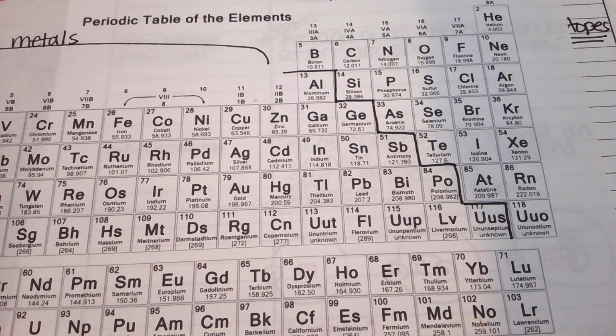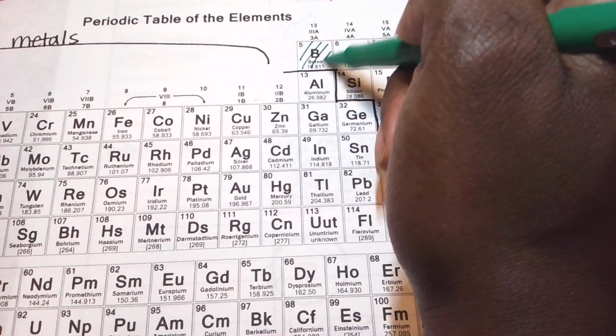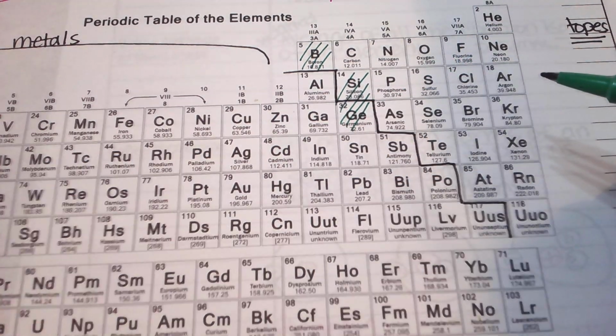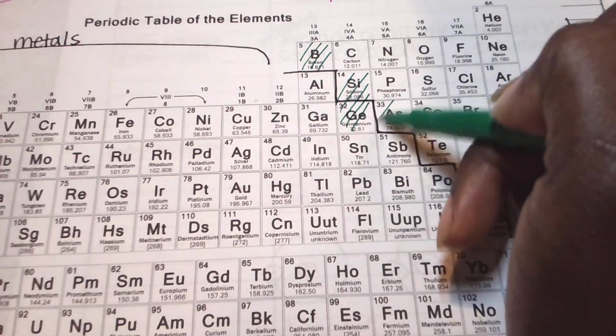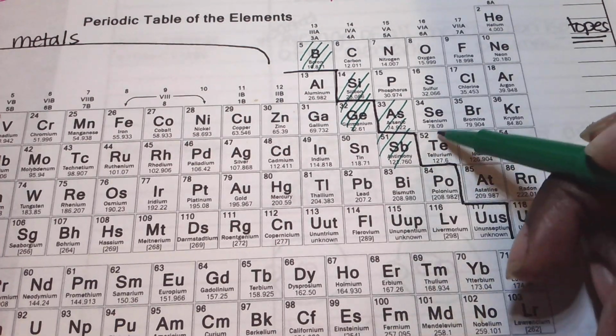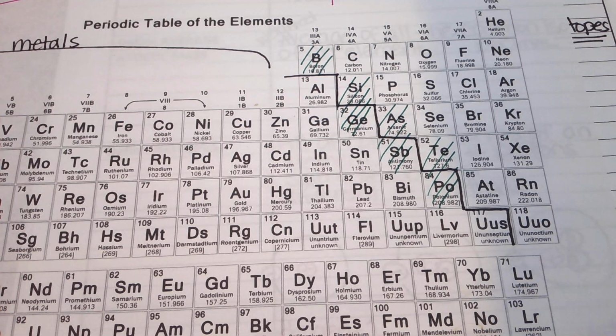The ones we consider to be metalloids or semimetals are this one, boron, silicon and germanium, arsenic and antimony, and tellurium and polonium. These guys have characteristics that are like both, so we consider them to be both.